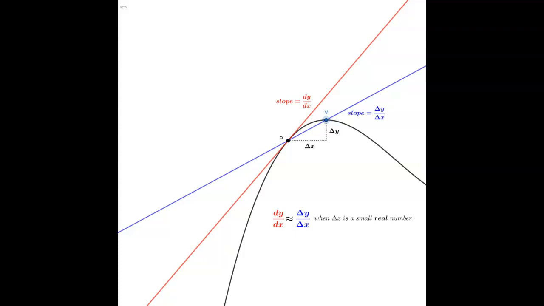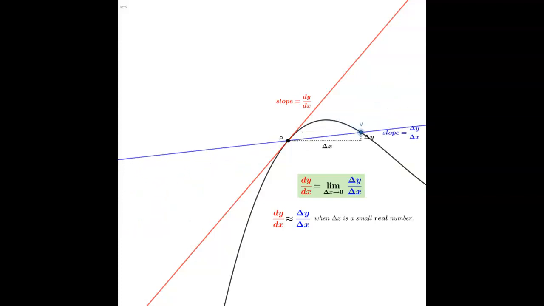Namely, we can say that dy dx is equal to delta y over delta x in the limit as delta x goes to 0. Everything on the right-hand side of the equal sign is something our skeptic is comfortable with. Delta y and delta x are perfectly good real numbers, no mention of infinitesimals, and he's already said he's happy to accept limits.